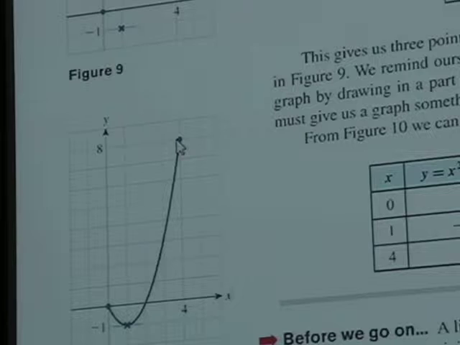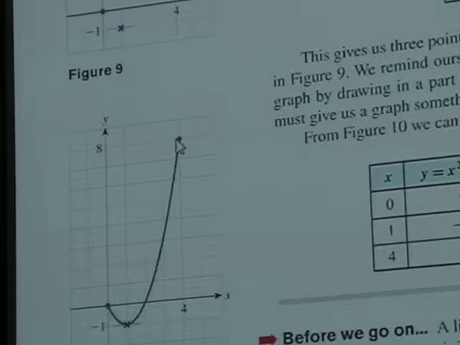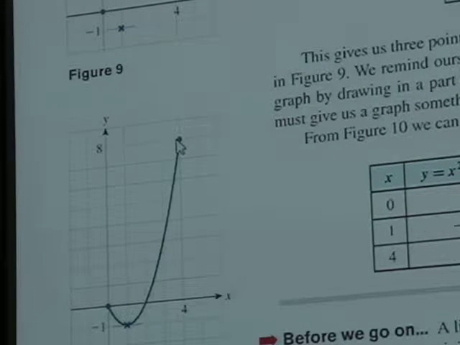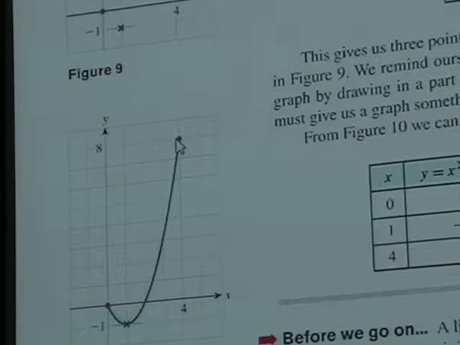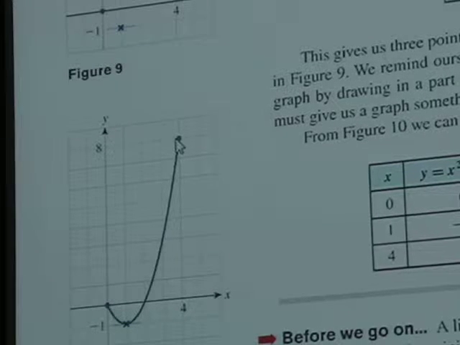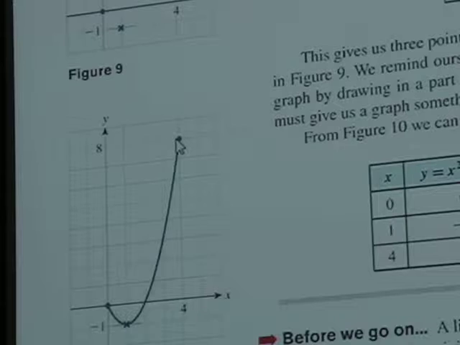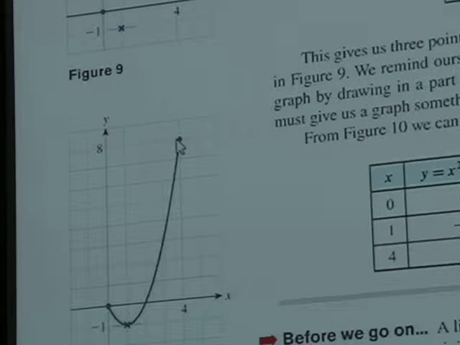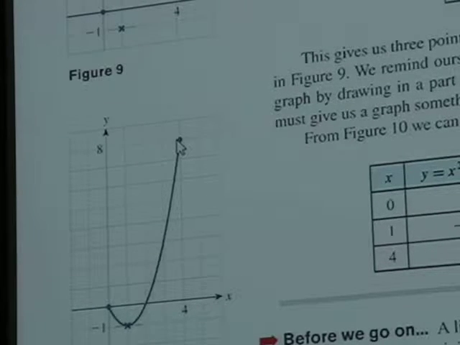So we can pretty much be sure about the absolute maximum. When I say where and what, where means what value of x, and what means what's the height.